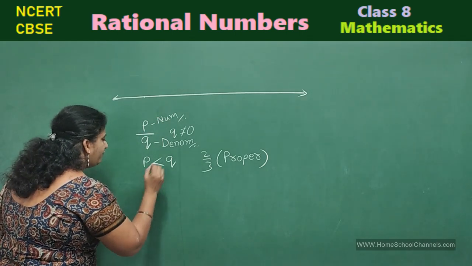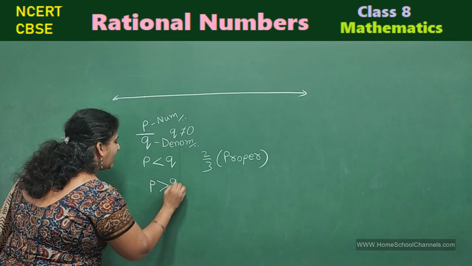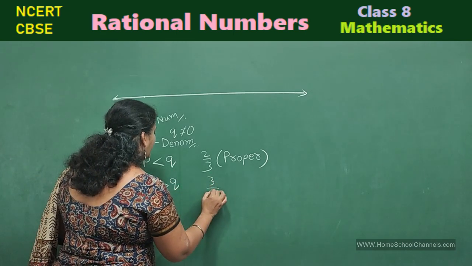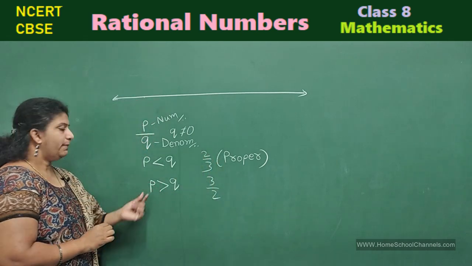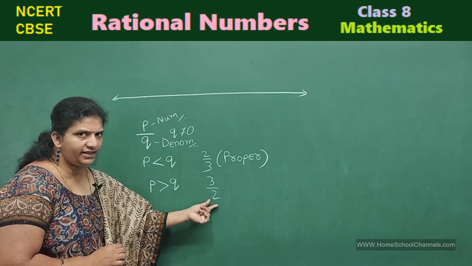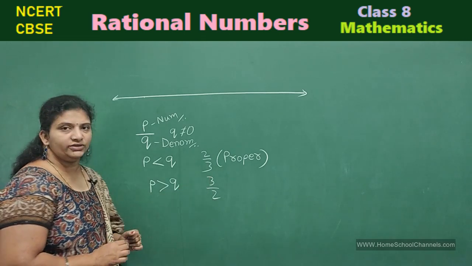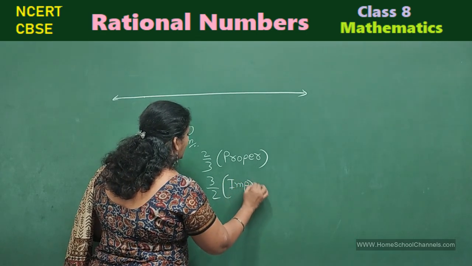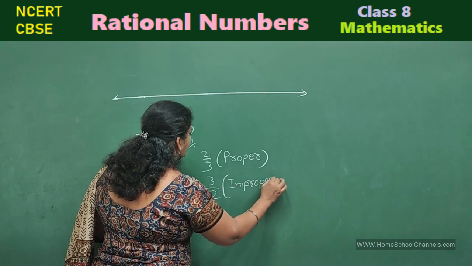Suppose p is greater than q. Example, take 3 by 2. P is greater than q; 3 is greater than 2, no? 3 by 2. Then which type of fraction is it? It is an improper fraction.